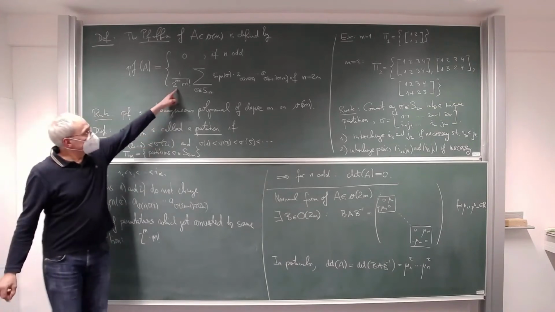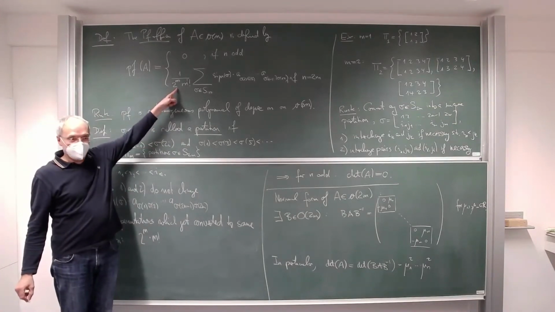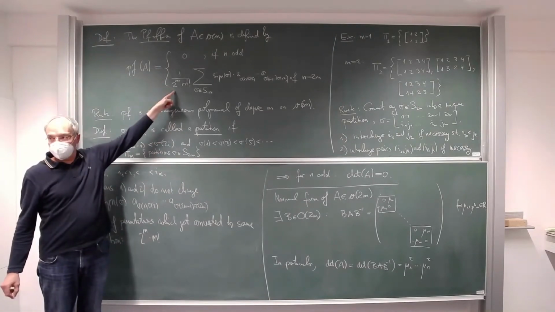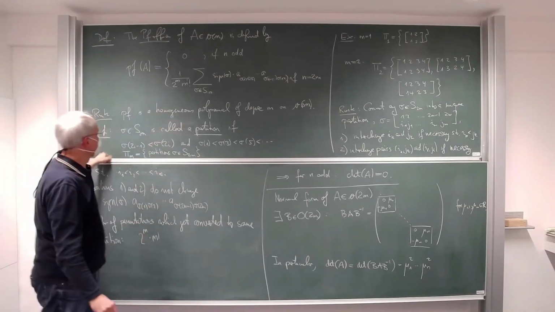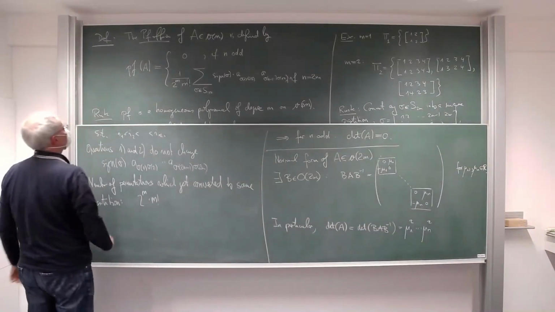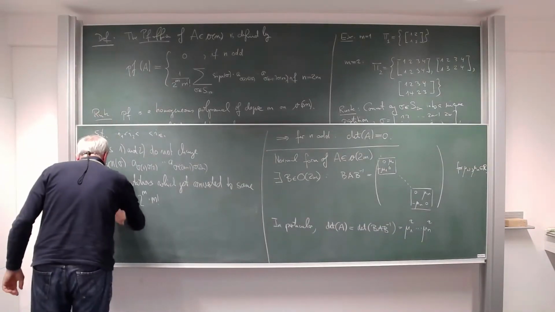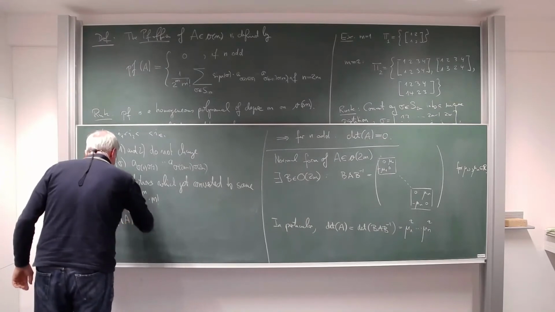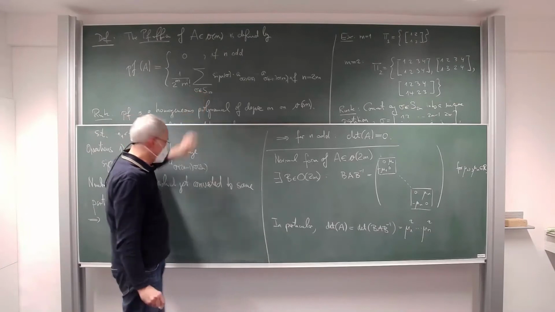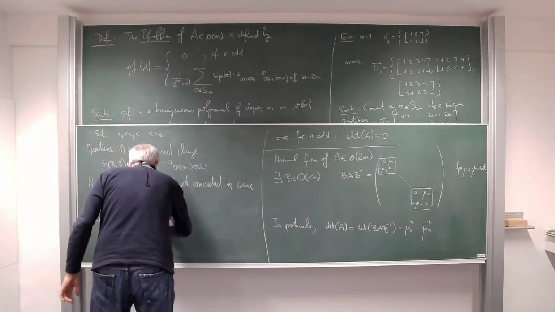If you look at the definition here, you see the answer already, right? So this is exactly the term that I have to divide out. So to conclude from this, we can rewrite the Pfaffian in the even case by only summing not over all permutations, but only over the partitions.